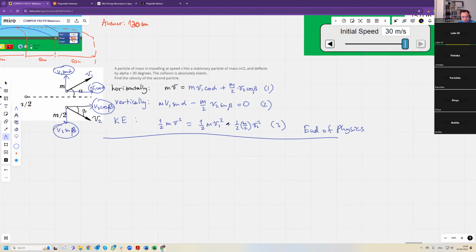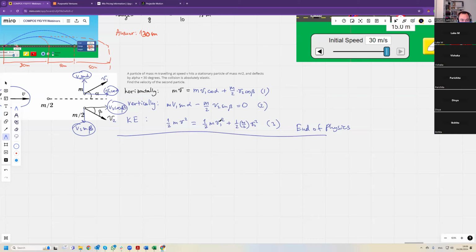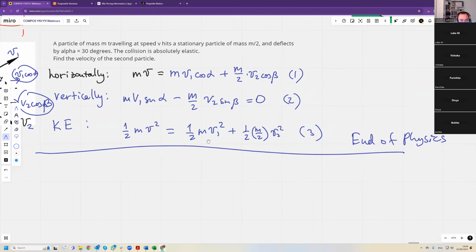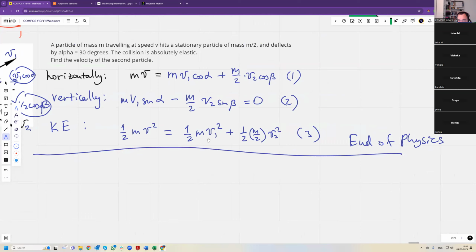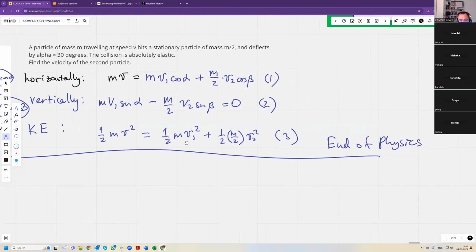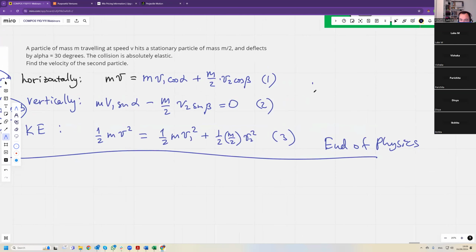You have three equations. You have three unknowns, v1, v2, and beta. Three equations, three unknowns. That's it. Everything else is known.